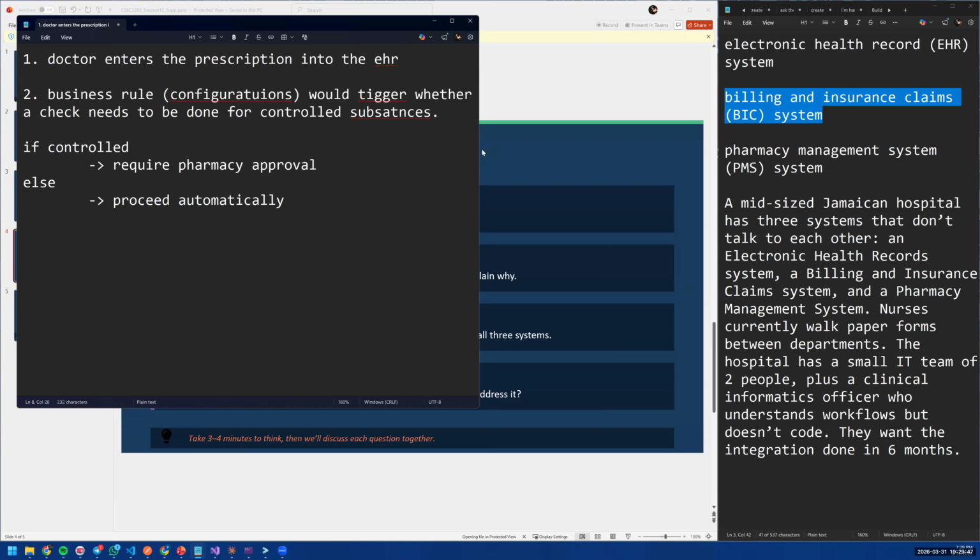Okay. The next step would have been the prescription is going to be sent to the pharmacy management system. This is actually 3. This is 4.